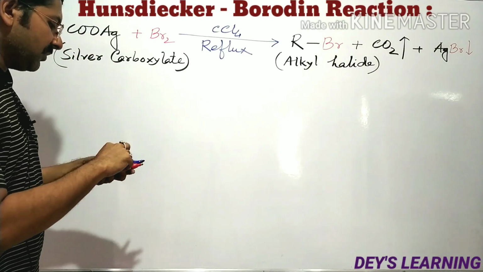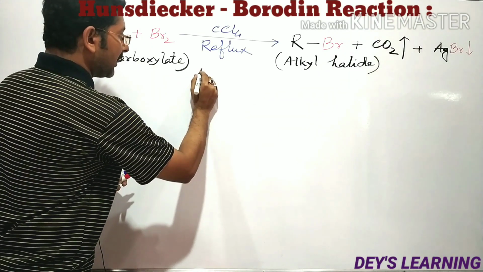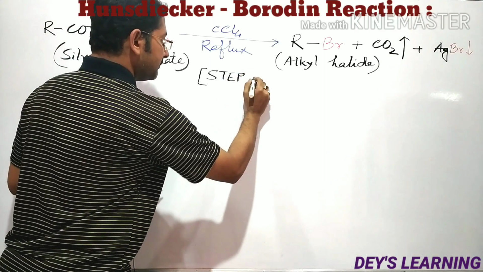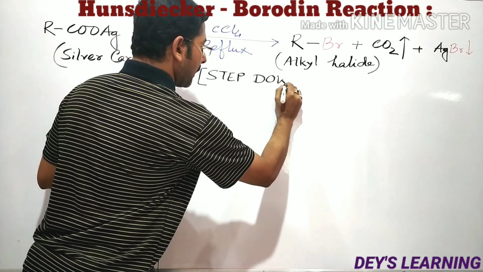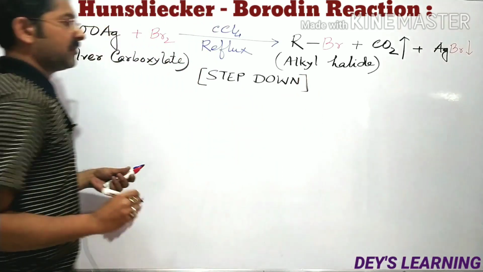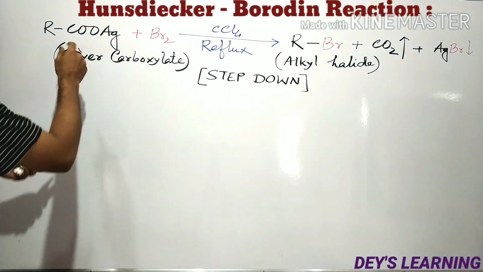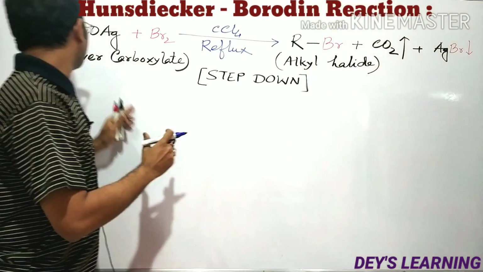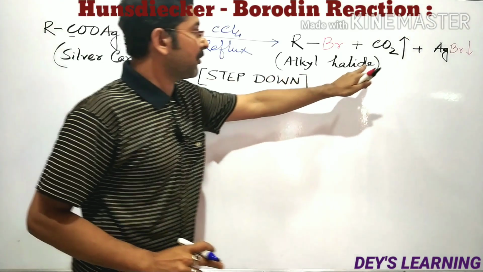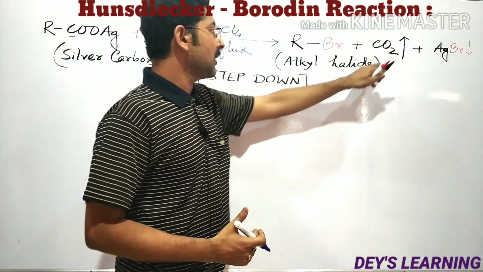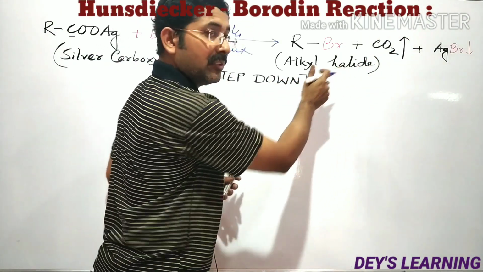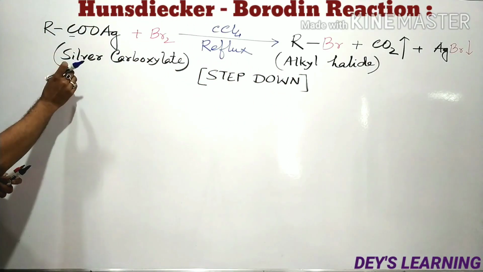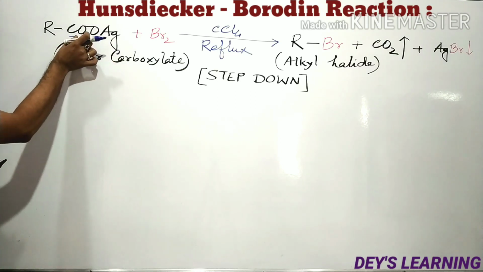Obviously this is a step down reaction, because this carbon is evolved as carbon dioxide by the decarboxylation process. So this alkyl halide contains one carbon less than the silver carboxylate.